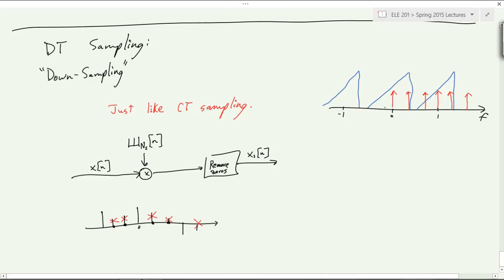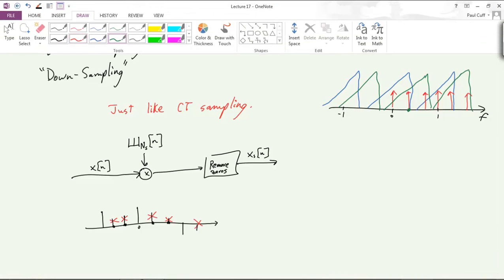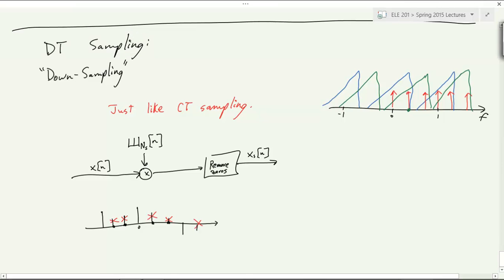So in other words, you get a copy of your spectrum up here, centered at this one. Oops, I'm not drawing that very well. And you get another copy, the third copy, in gray. Something like this. So that becomes the spectrum. You add them all up.